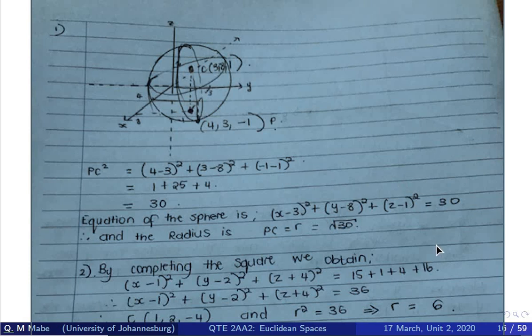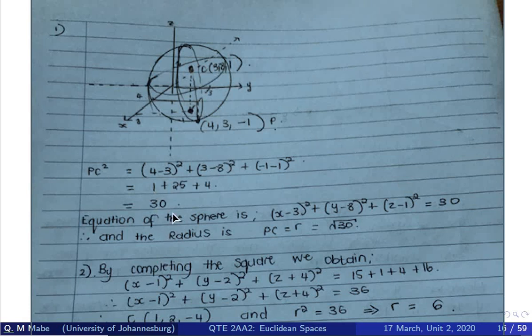I have to add 16 on the right hand side. As you recall, this 15 was part of the original equation. I took it to the right hand side, which means in the previous equation it was negative 15, so I took it to the right hand side. It's now 15. So obviously I will add all of these because they are like terms to get 36.